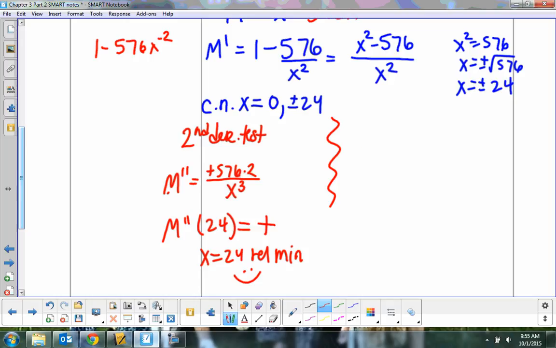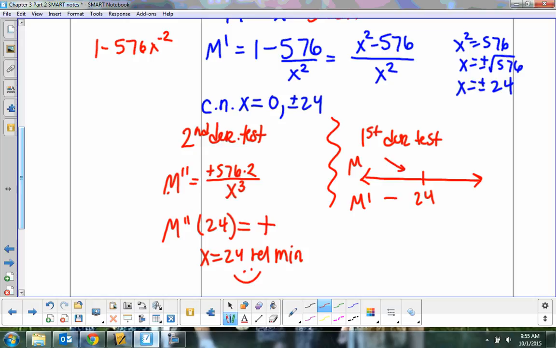If I had done the first derivative test, then now I'm going to set up my number line with 24, and we're going to plug in values before and after into the first derivative. So like 1, if I plug 1 in, that's definitely going to be negative, so m is decreasing.